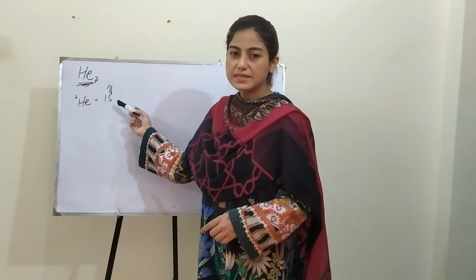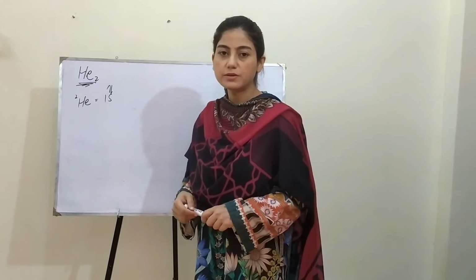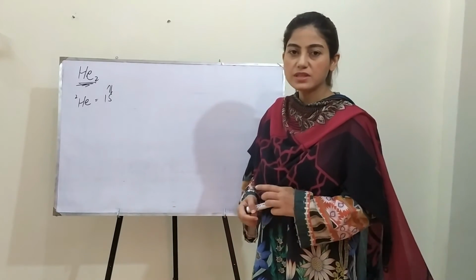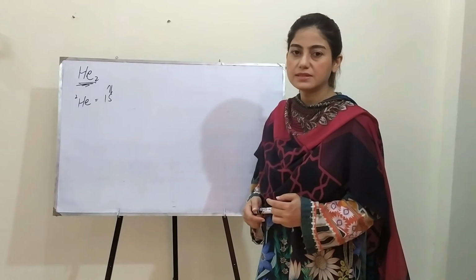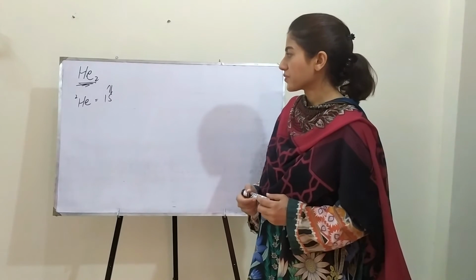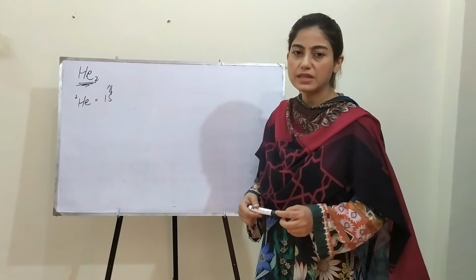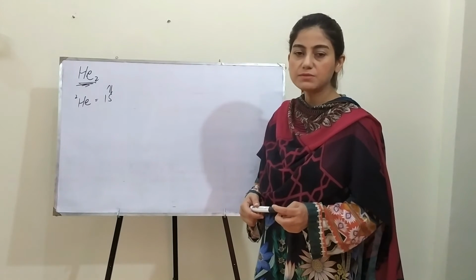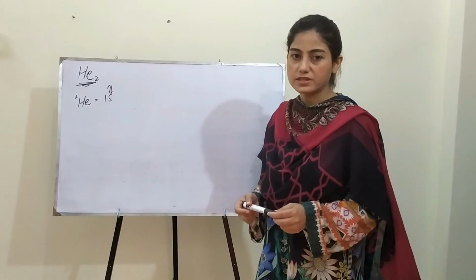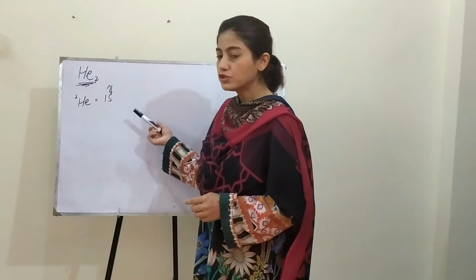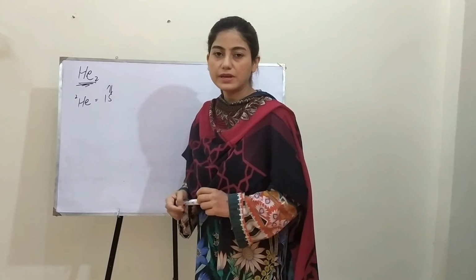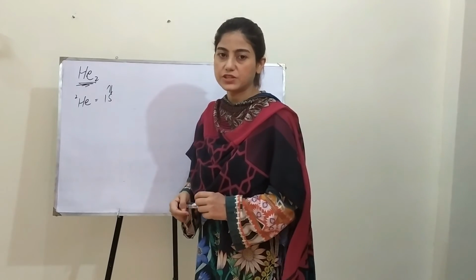Our next example is helium molecule formation. The question about helium molecule may arise. So our next example is formation of helium molecule, whether the helium molecule exists or not. We have to prove it via molecular orbital representation.